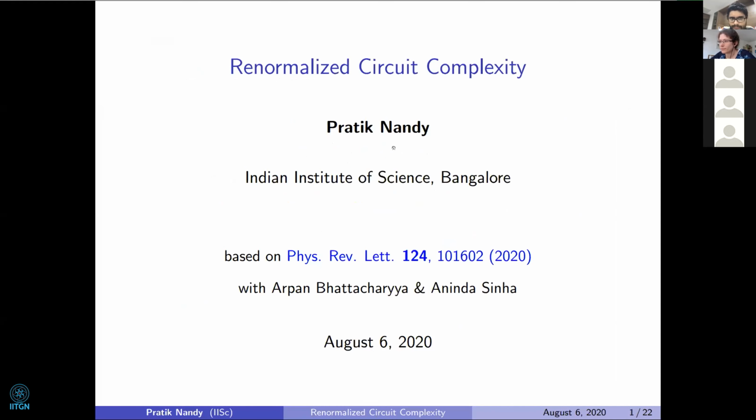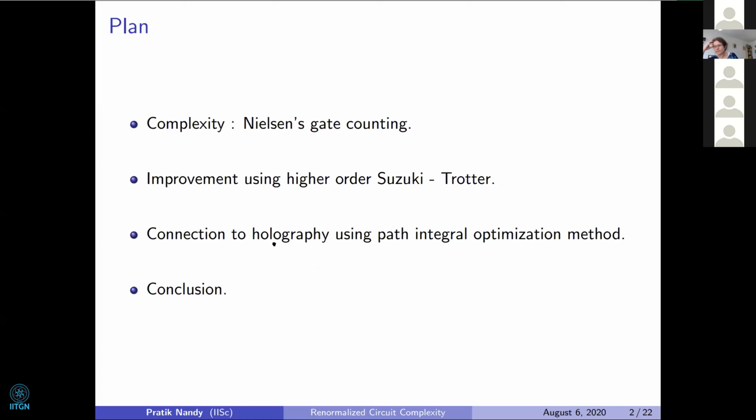So I'm going to talk about our recent paper on renormalized circuit complexity. It's based on a paper with Arpan and Anindya. The plan of the talk is to first introduce the complexity.